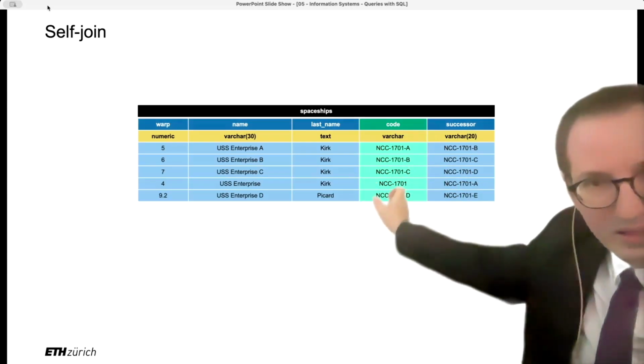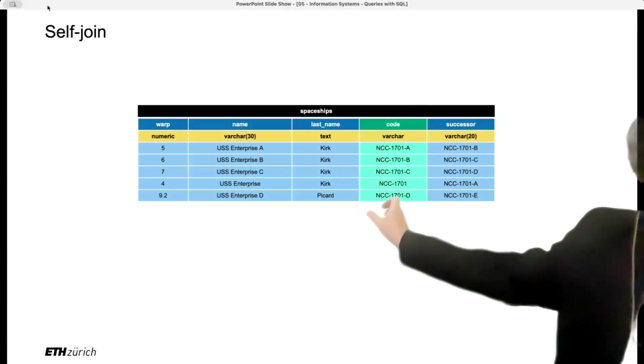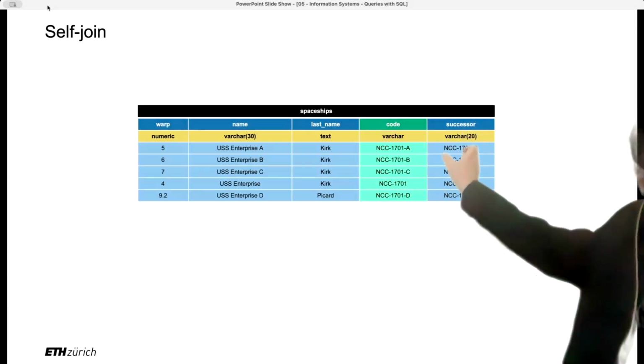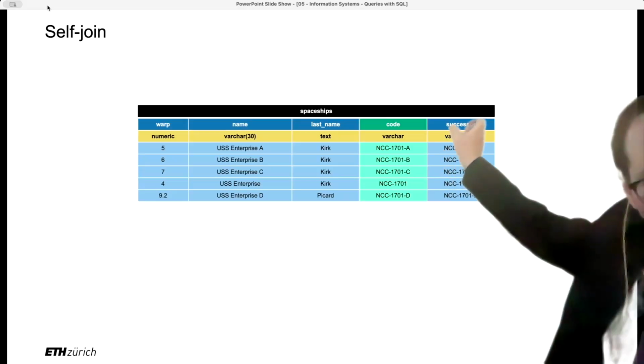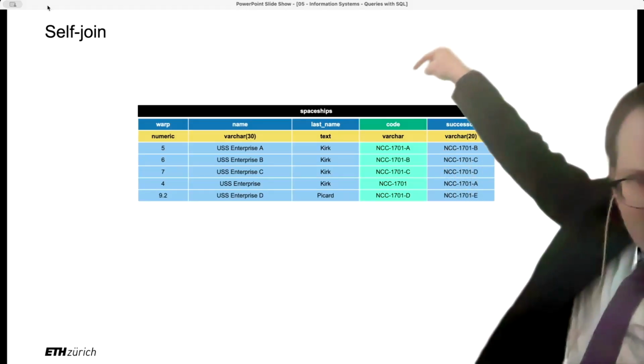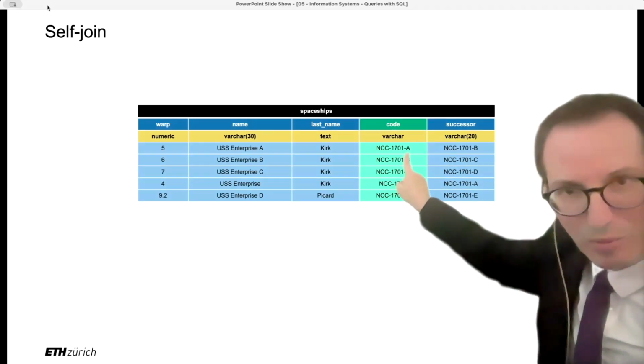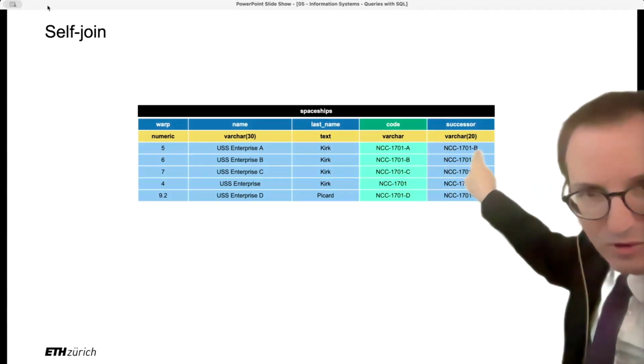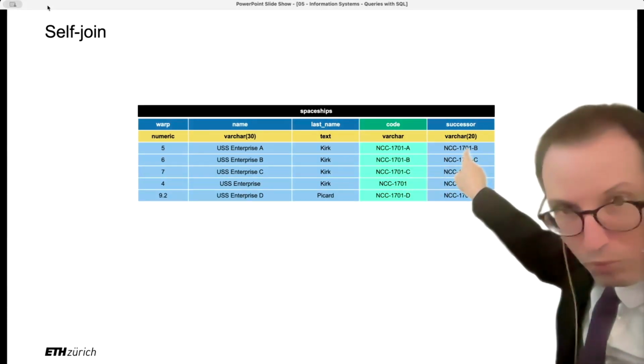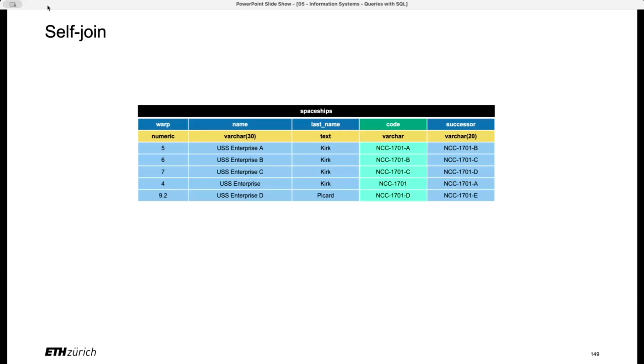The code here is a primary key for that table, and this is a foreign key referencing the same table via its primary key. Do you see this? Here we have Enterprise A. Its successor is Enterprise B, which references this record. So it's a foreign key on the same table, back to itself.